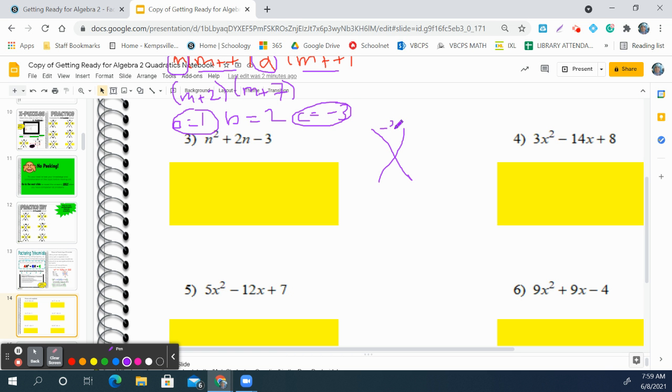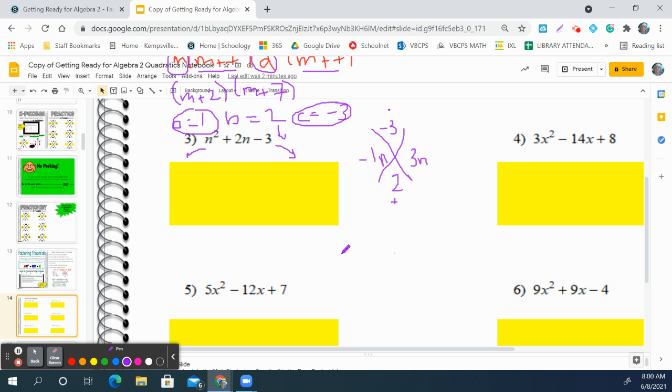So we've got -3 at the top, and what went to the bottom? The 2. What multiplies to -3 and adds up to 2? -1 and 3.